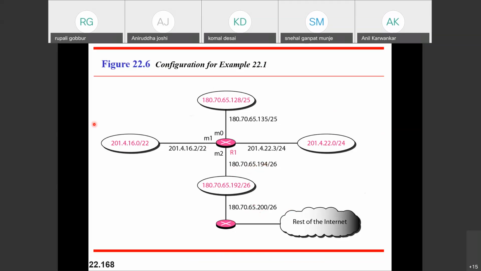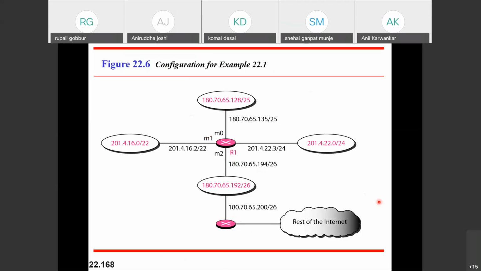All the devices will have the specific range of IP address which are interfaced with the router's IP address. So this will be your propagation path decided by the IP address that is being assigned to R1 and the IP address being assigned to R2, and then it will propagate to the external network.